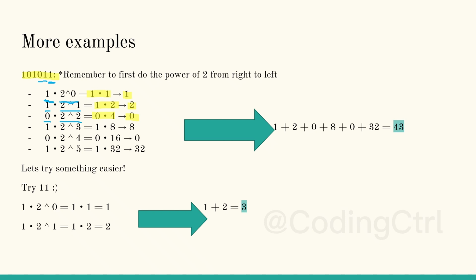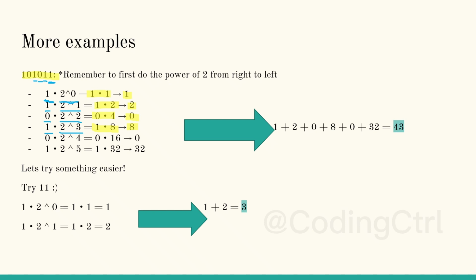Then the next number is 1. Following the same set of rules, we multiply 1 times 2 to the power of 3, since the positioning is at 3. 2 to the power of 3 equals 8, so you'll get 1 times 8, which equals 8.